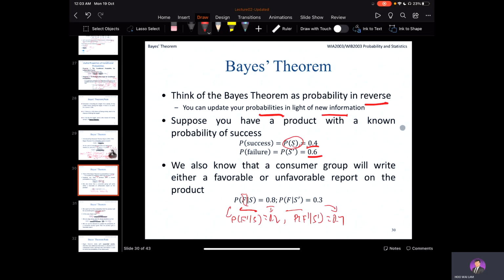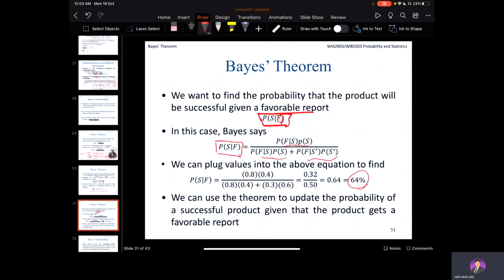And you will notice that it changes from 0.4 for the probability of success to the probability of still success, but given the favorable report, which is increasing your chances of success.